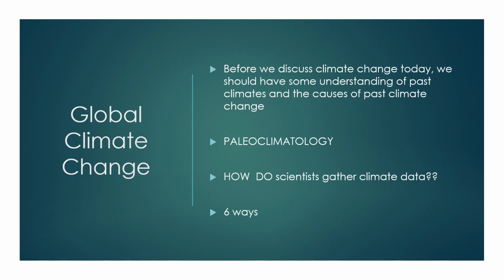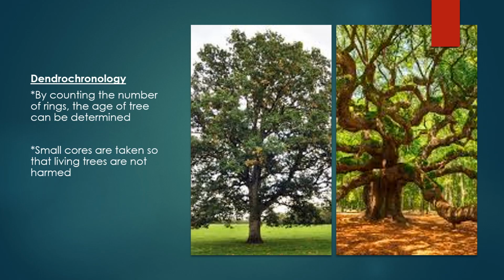Before we can assess the possibility of climate change today, we should have some understanding of past climates and causes of past climate change. So it's important to understand how scientists gather climate data. We're going to go quickly through 6 different ways that we look at information about past climate.